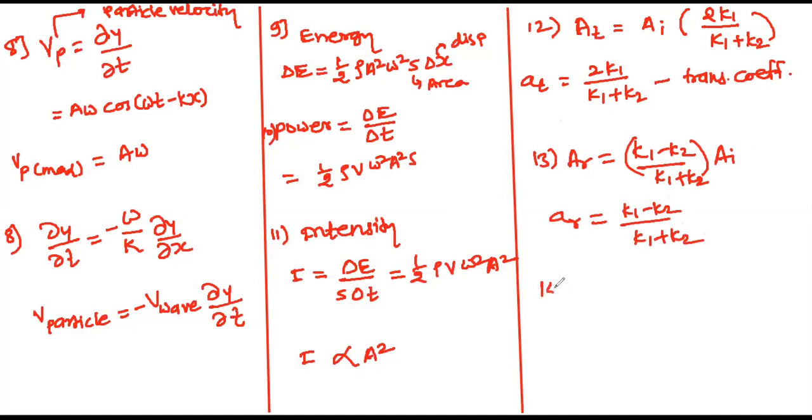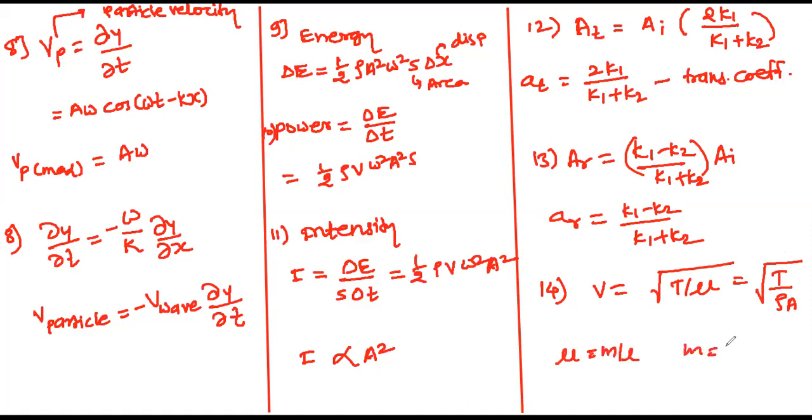Next, speed of transverse wave V is equal to under root of T by μ. Then also this is equal to under root of T by ρ into A. You know μ is equal to M by L, and M is equal to ρ into V, that is equal to ρ A L also. Okay.